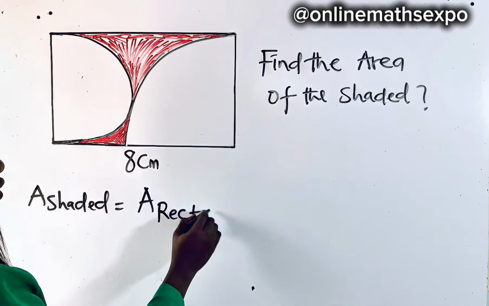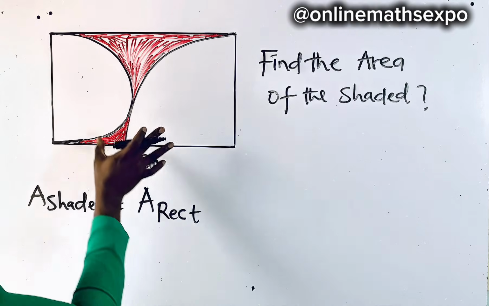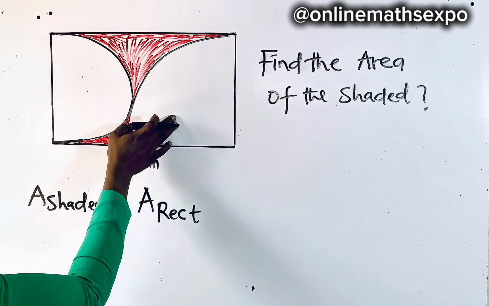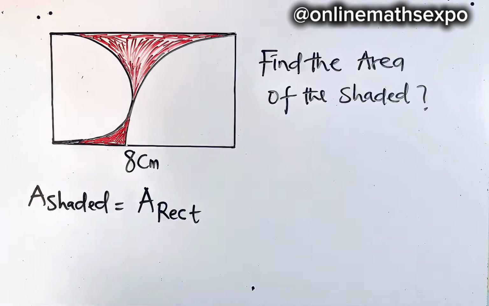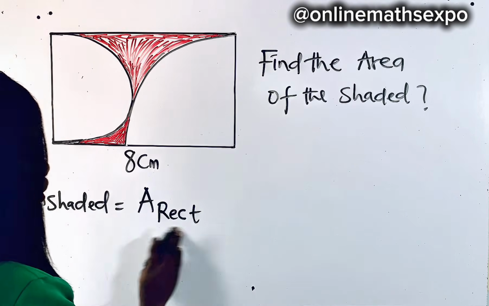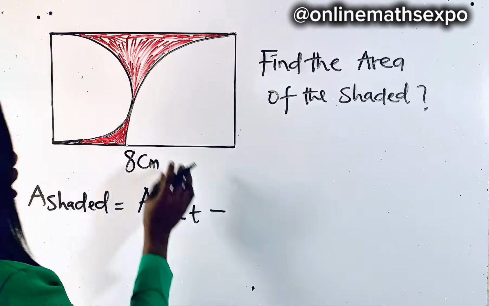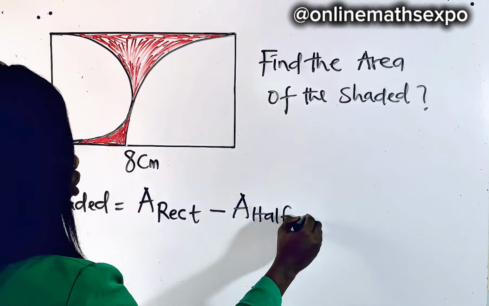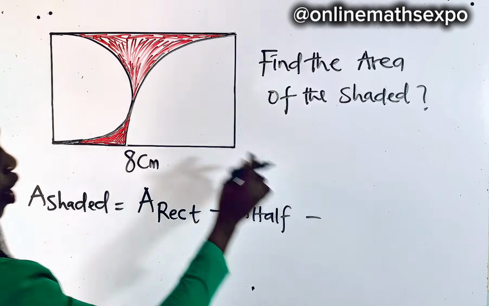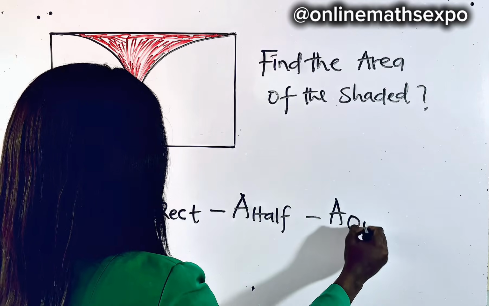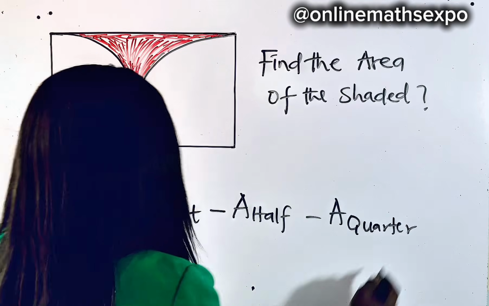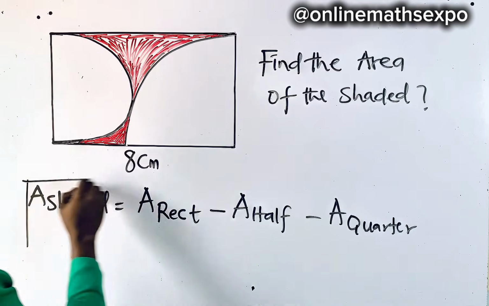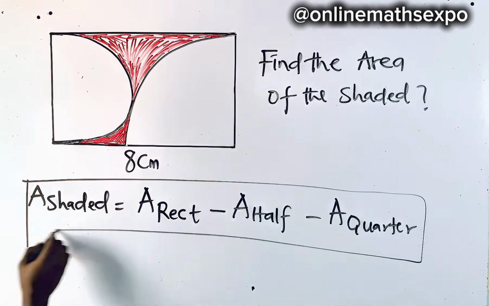If we find the area of the rectangle, then you subtract these two. It will give you the area of this shaded part. So we have the area of the rectangle, subtract the area of the half circle, then subtract the area of the quarter circle. If you can do this, then it gives you the area of the shaded.